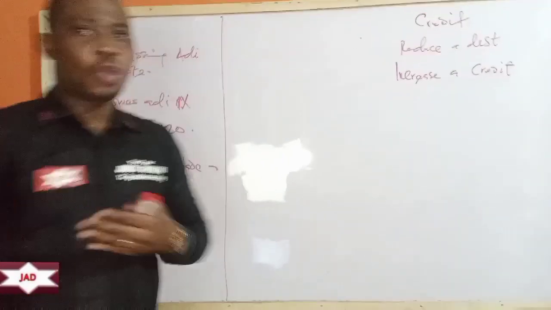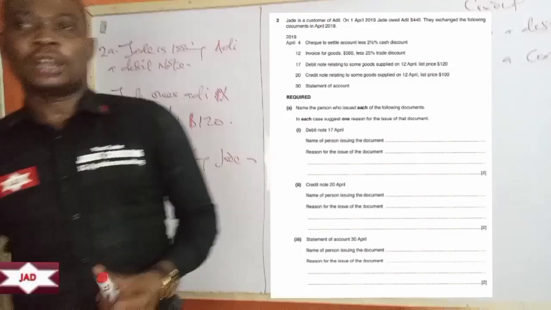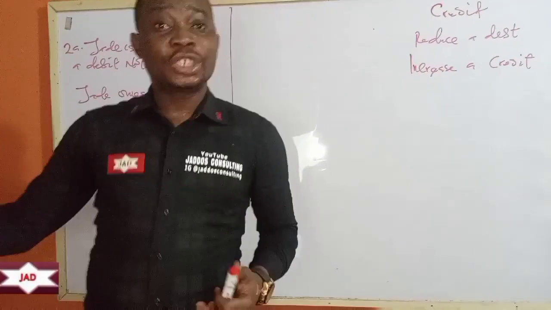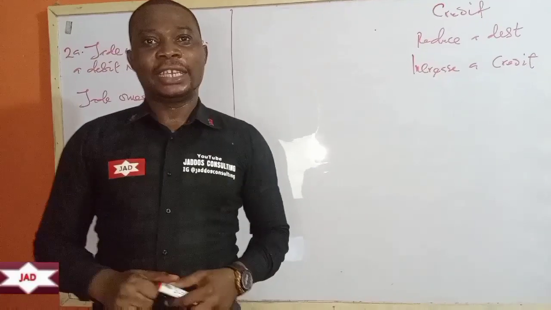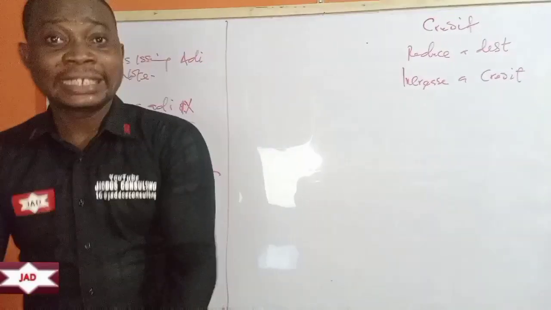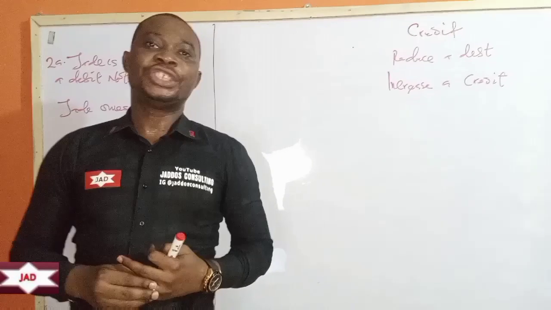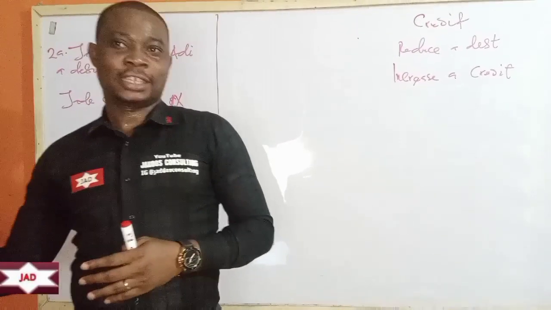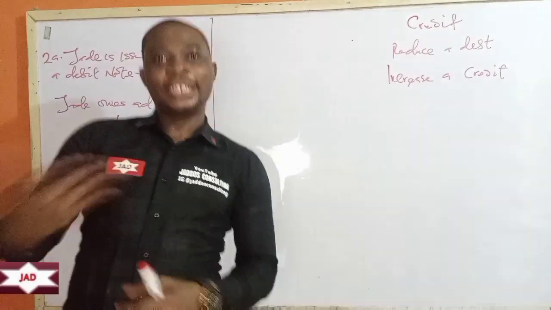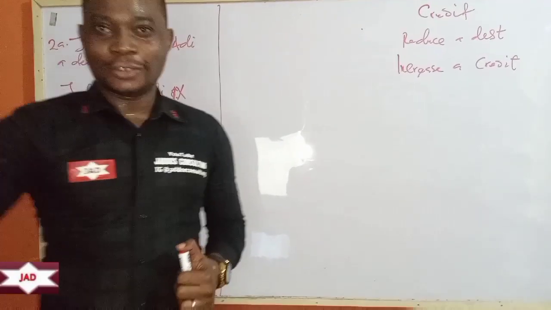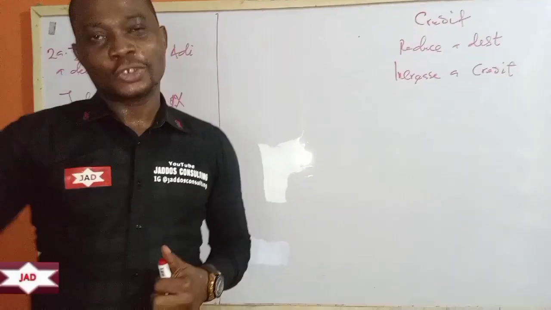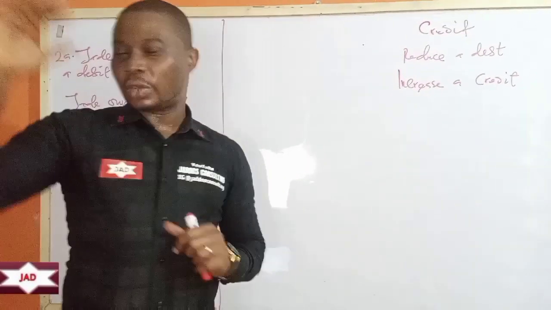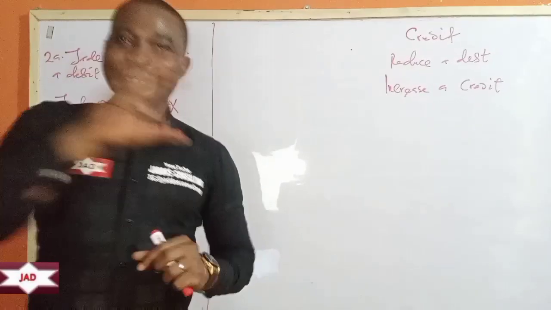But if we flow with the question here, Adi, which is the supplier, is likely to send a statement to Jade because Jade is a debtor to Adi. You want to tell Jade a breakdown of what has transpired between both of you for a particular period, showing how much Jade is owing.